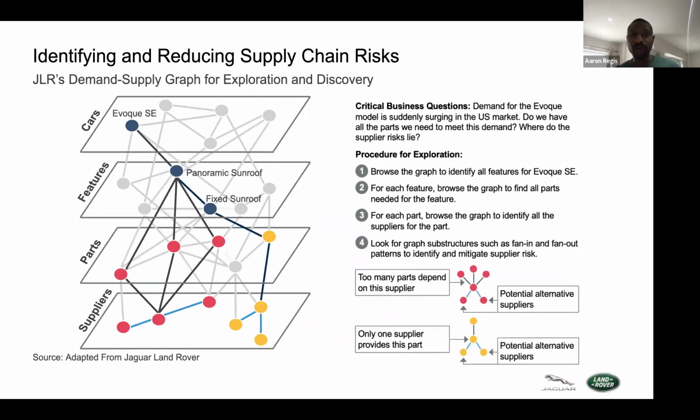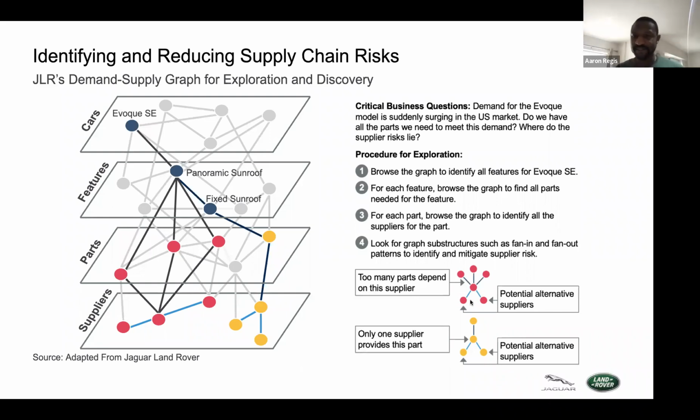And so one of the questions that they wanted to ask was, what's our supplier risk? If there's demand that's surging for a particular model, how can I make sure that we're going to have all the parts to meet that particular demand? And so if you look here, you've got these particular patterns.